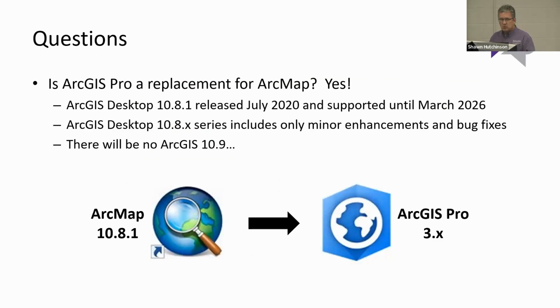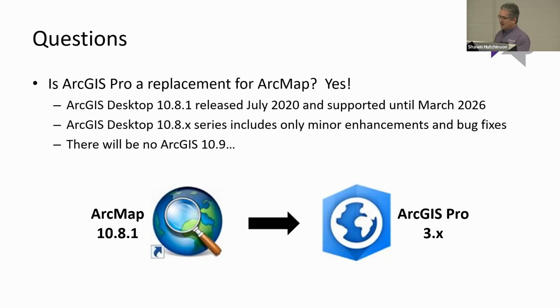Beginning the spring of 2026, its lifespan ends. So if you're still using ArcGIS desktop as your GIS software, now is the time, if you haven't already, to transition to using ArcGIS Pro. The learning curve is a little steep at first. You'll be cranky for a while, and then you'll go, how did I ever survive without ArcGIS Pro?